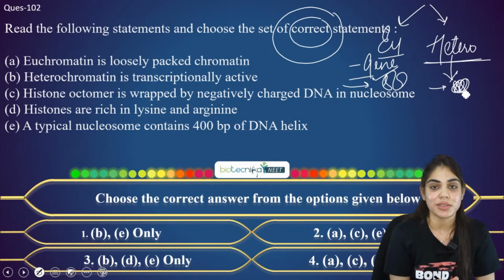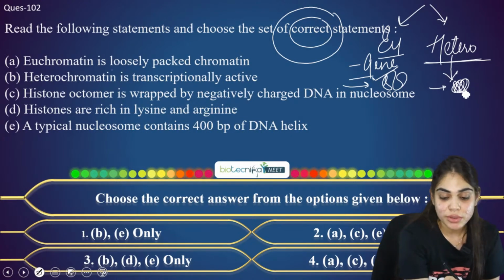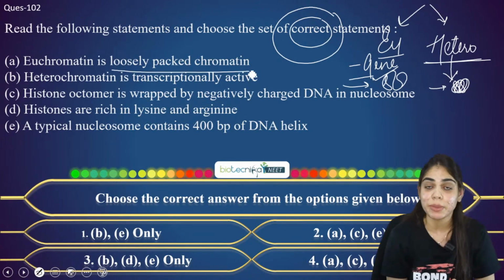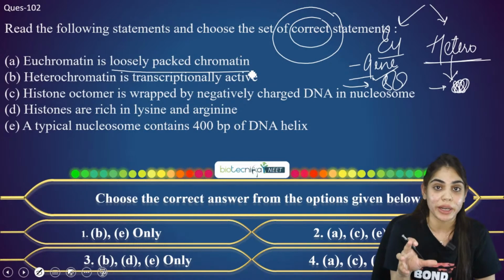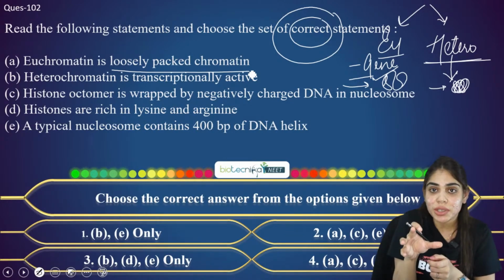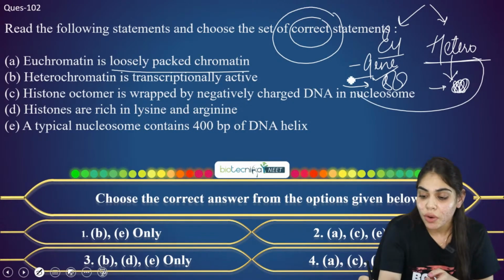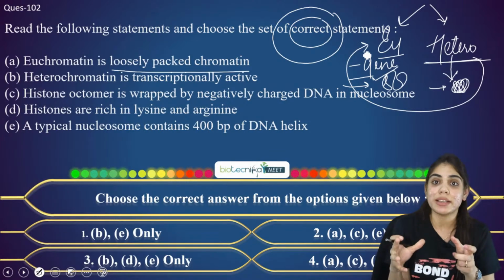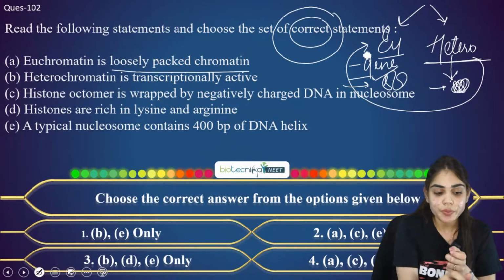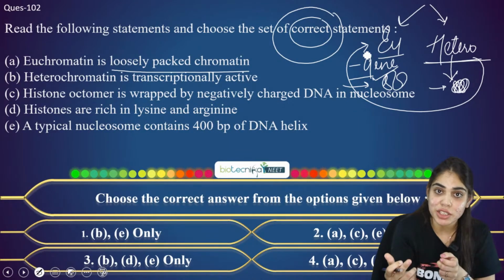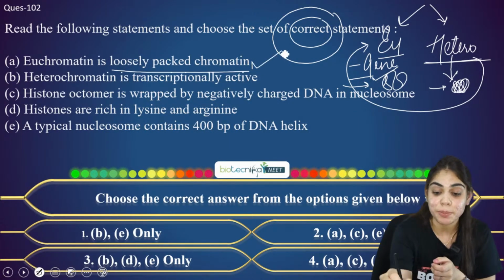Now let's read the statement. Euchromatin is a loosely packed chromatin. Yes, I've already mentioned that this is a loosely packed chromatin because this is transcriptionally active. Then what is the function of heterochromatin? Heterochromatin actually assists this euchromatin for the gene expression and it maintains the integrity of the genome. So euchromatin is mainly helping in gene expression because it is a loosely packed chromatin.